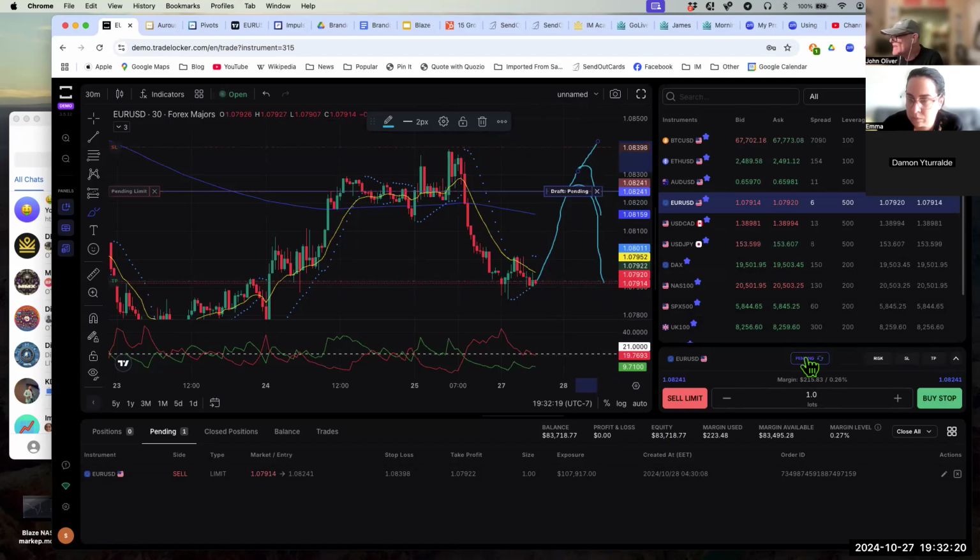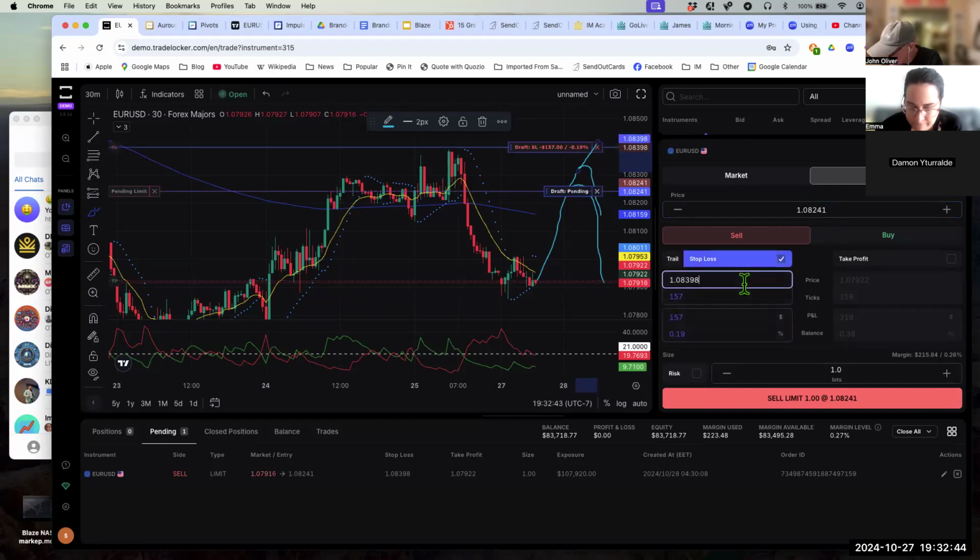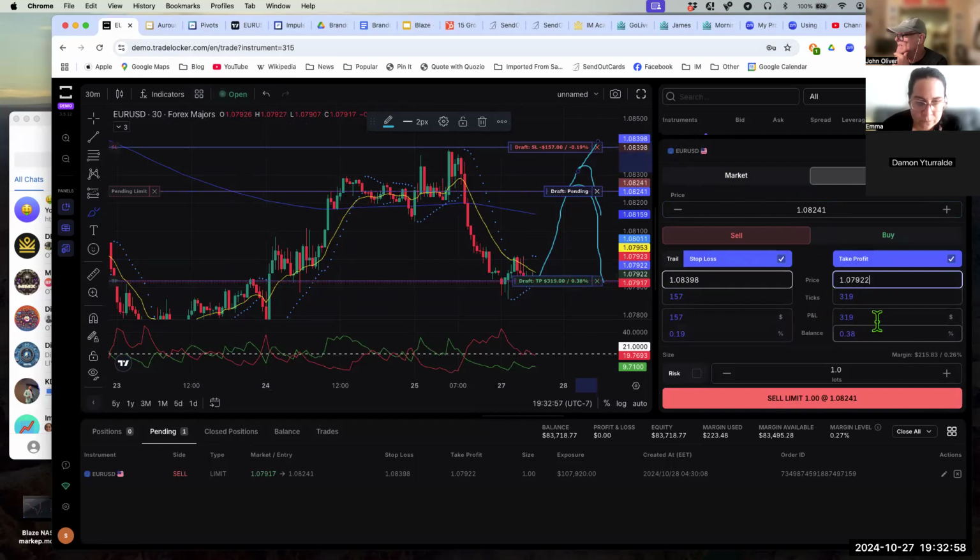Let me just show you another thing here. I didn't show this. Let's open this. When you put your entry here, 108241, that's still the same, and that's still the same. On Trade Locker, which this is, it'll show you what the profit is. See that there? Can you see that, Emma?